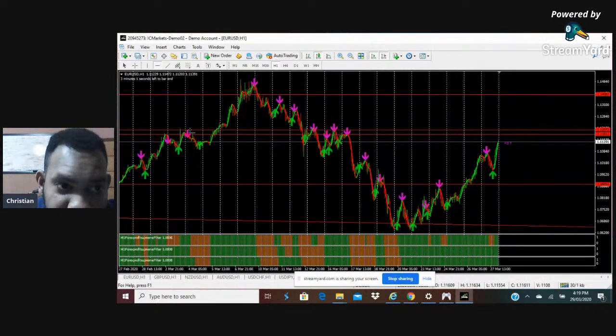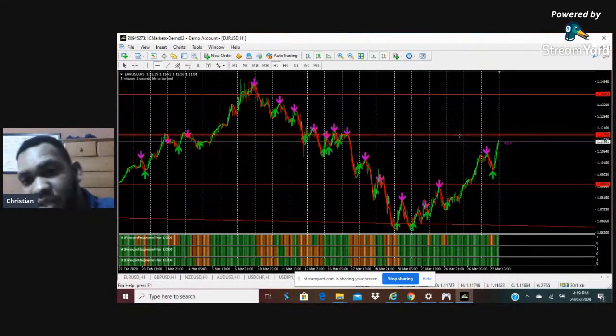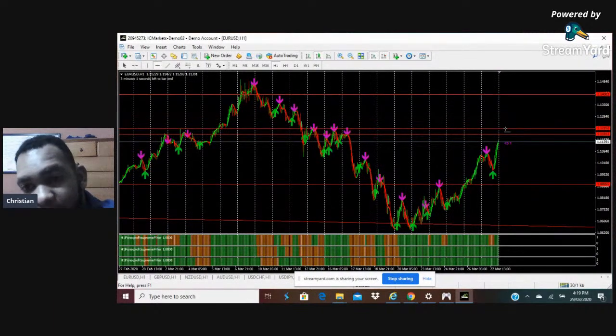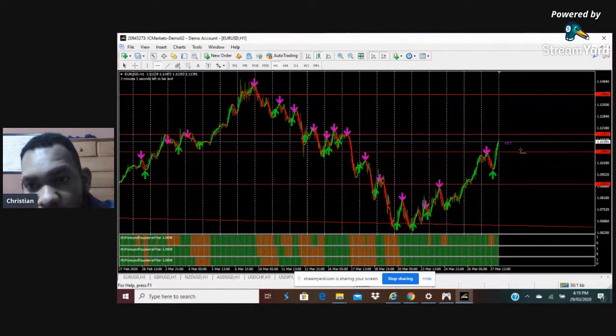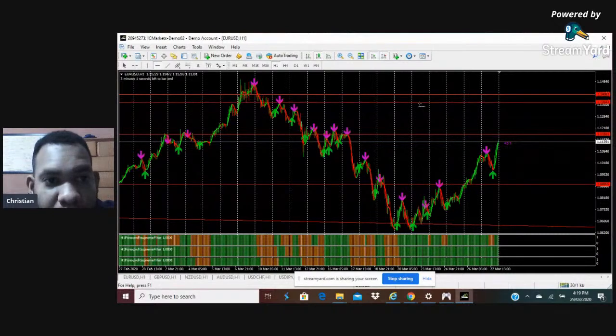Or it might go straight up to this area, which is about over here, and come down to make a low to test here, and then shoot all the way up to about probably here.